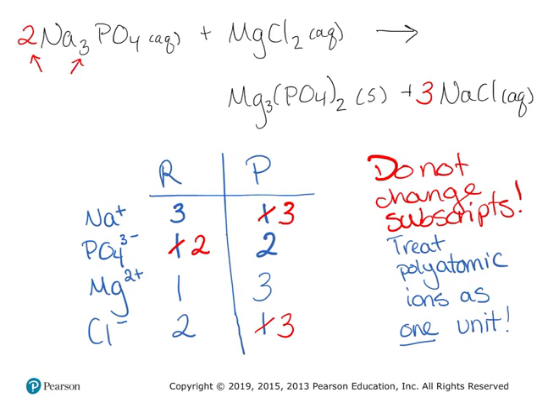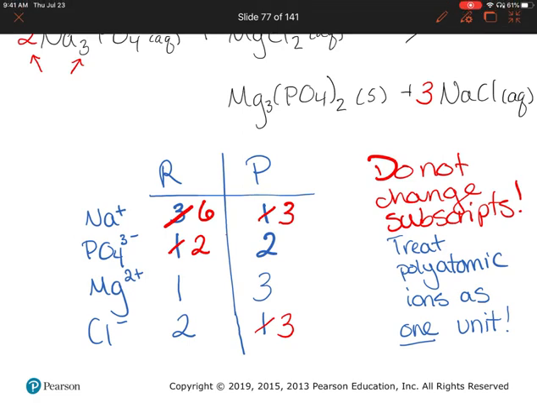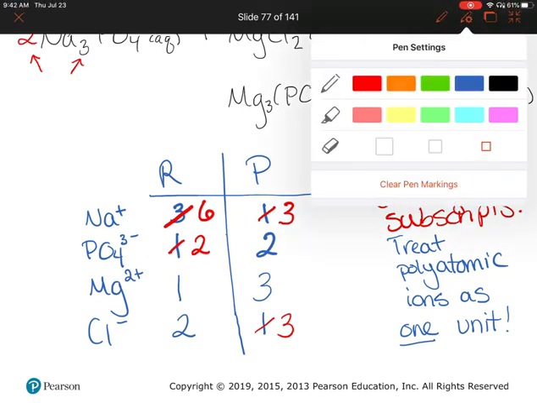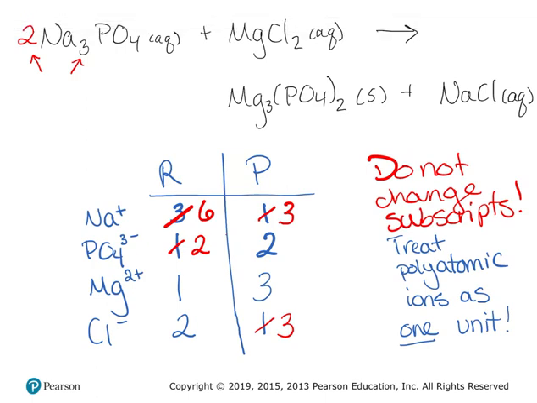So now I actually have 6 sodium ions on the left-hand side. Oh, okay, so I'm going to go back to the products. So now I want 6 sodium ions on the product side. Okay. But now I also have 6 chloride ions. All right, so we had to do some adjustments there.